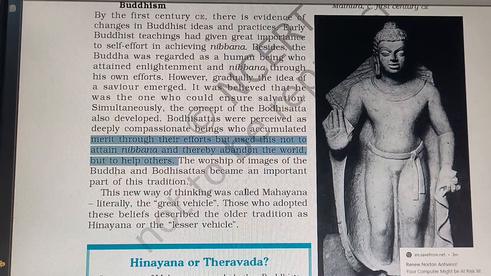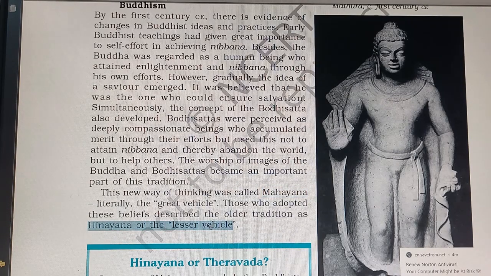So this new group of Buddhism is known as Mahayana. They are also known as Greater Vehicle, in which they started worshipping Buddha as God. And the earlier form of Buddhism was known as Hinayana, or the lesser vehicle.